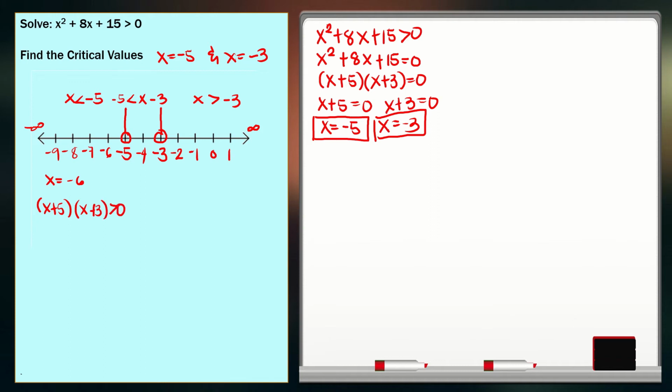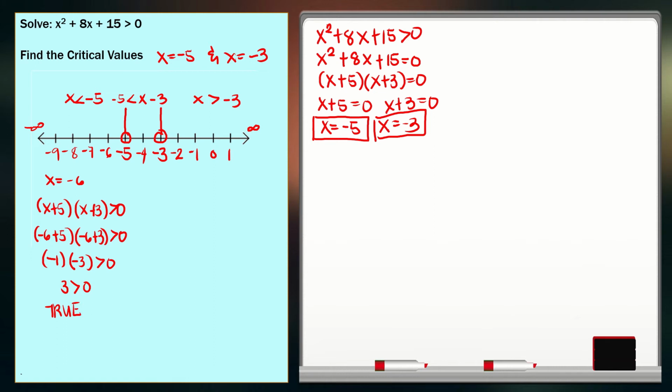So we plug in negative 6. We have negative 6 plus 5 multiplied by negative 6 plus 3 is greater than 0. So negative 6 plus 5 is negative 1, multiplied by negative 6 plus 3, which is negative 3, is greater than 0. Negative 1 times negative 3 is positive 3, which is greater than 0. We know that 3 is greater than 0, so this is true.